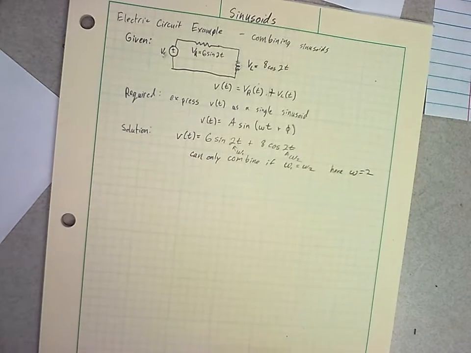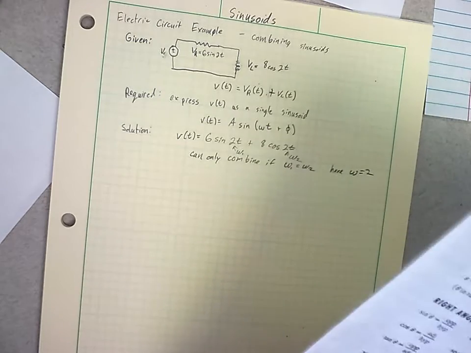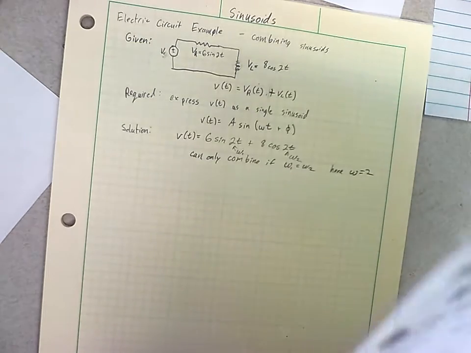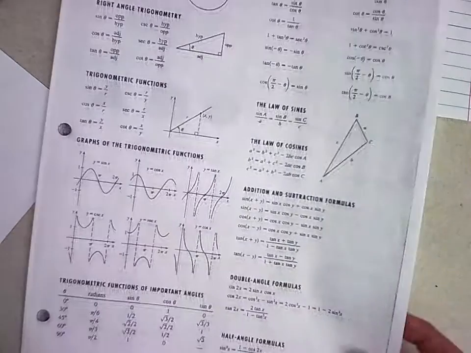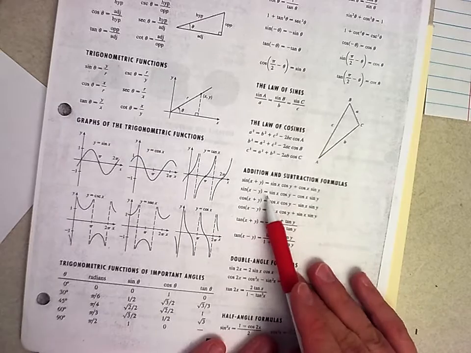So then we're trying to figure out what to do. When we can't figure out anything else, we want to start looking at different handouts. We're trying to get to a combination where we have just a sine term.